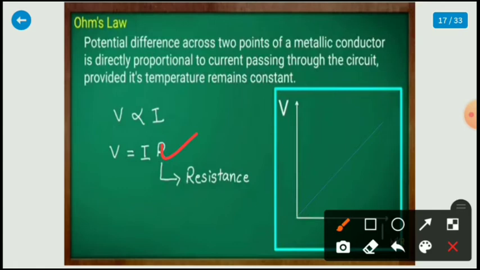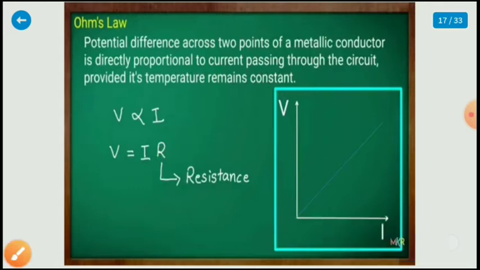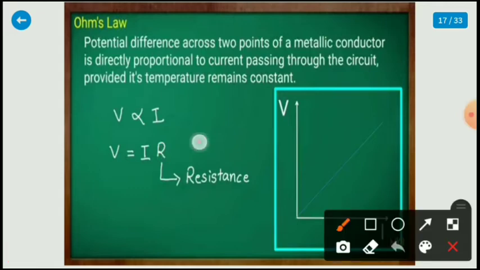Here, V is equal to IR is the formula for Ohm's law, where I stands for the current, V stands for the voltage, and R is the resistance in the circuit.